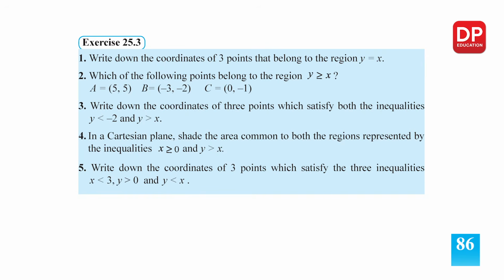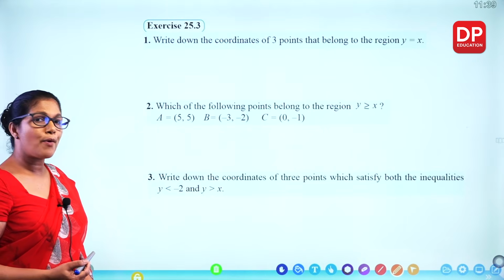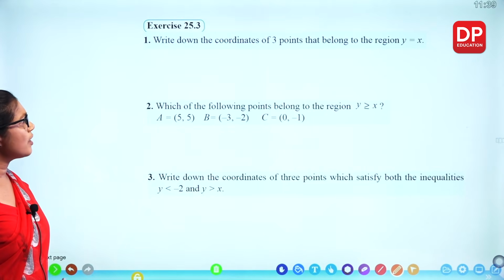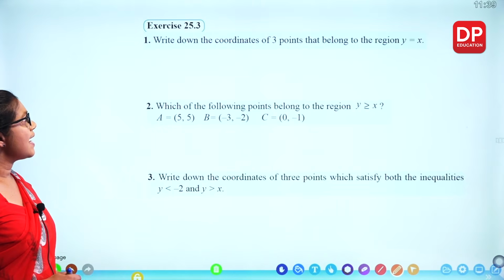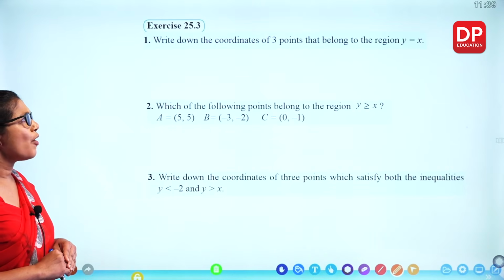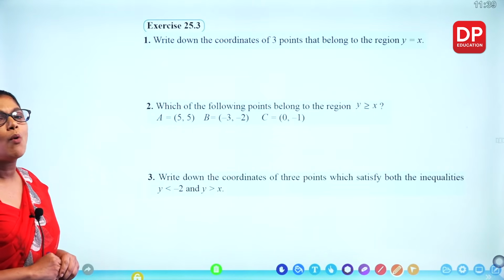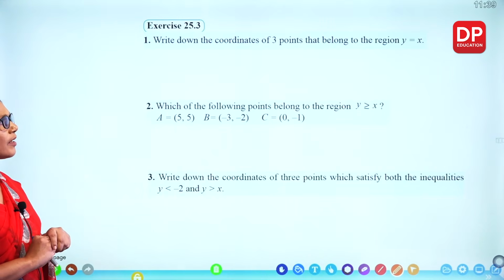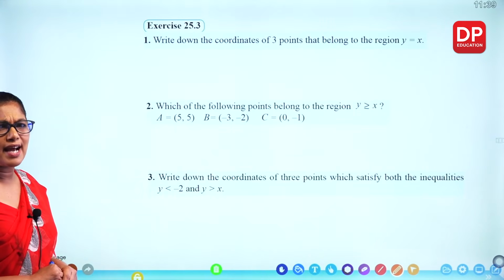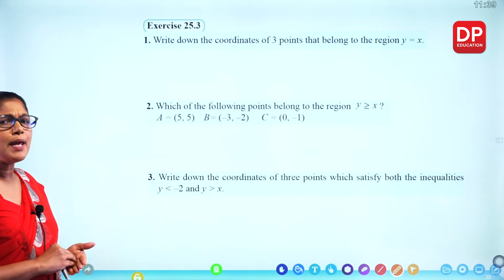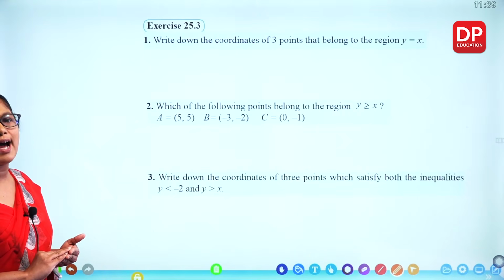Now we'll look at exercise 25.3 in your textbook. The first question says write down the coordinates of 3 points that belong to the region y equals x. So that means a straight line, so any point on the line.